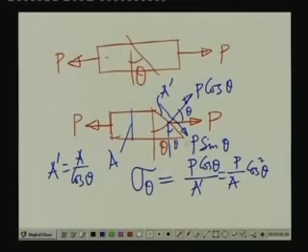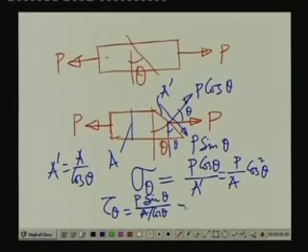This leads to P by A cos square theta. And the stress acting in the plane, which is P sin theta, the tau theta, is equal to P sin theta divided by A by cos theta.